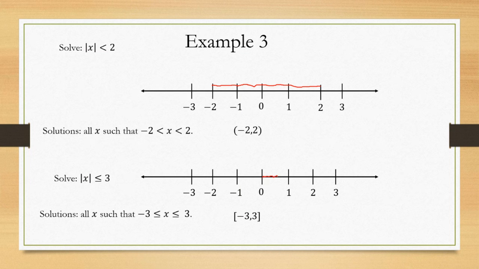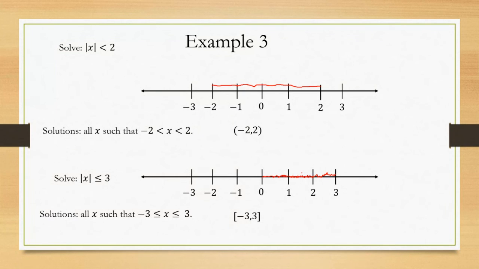We're not 3 units away yet. We're getting there, right? Getting further away though. And, oh, we stop. Why do we stop? We're now 3 units away. Everything that the red covers, I guess, is less than 3 units away from 0. So these are all solutions.